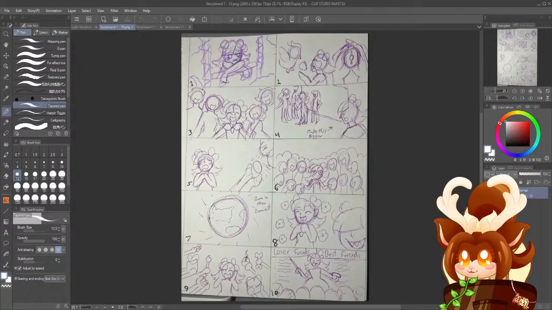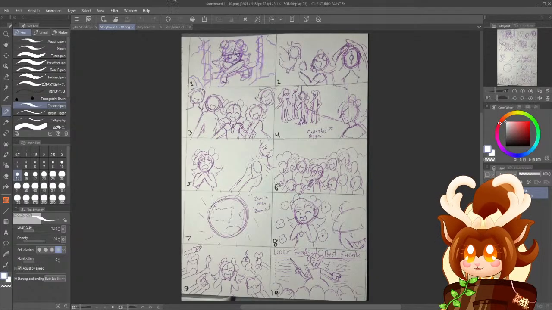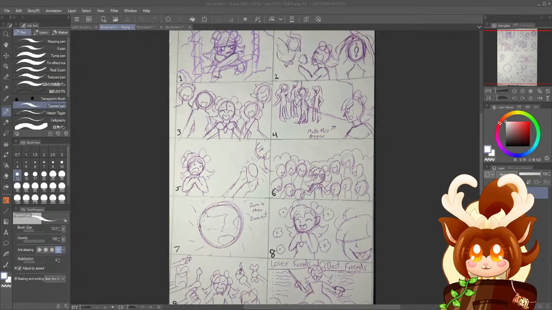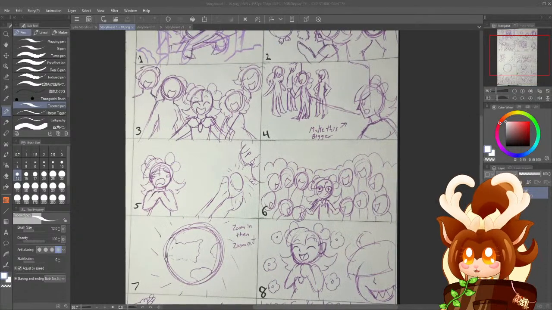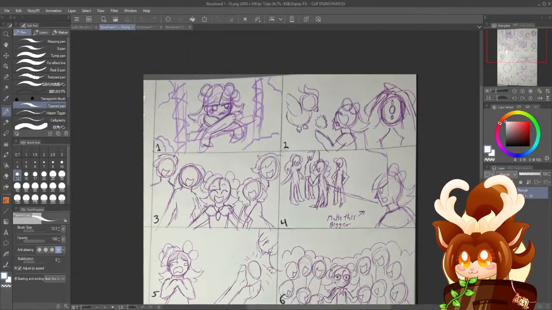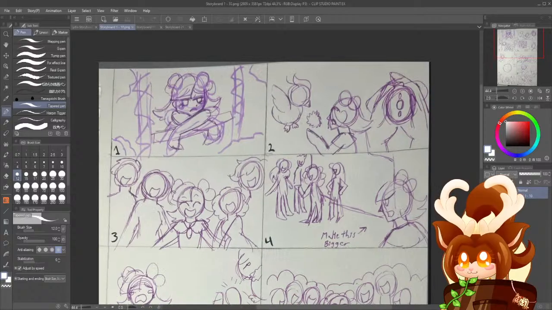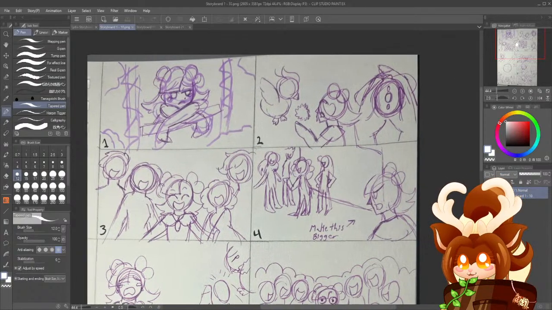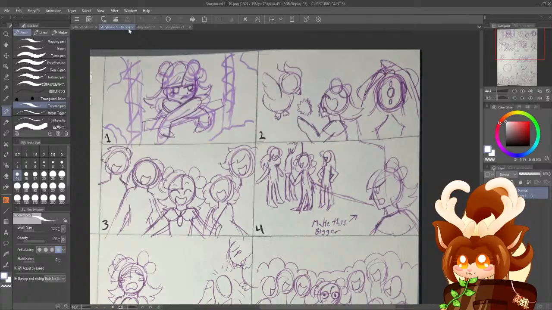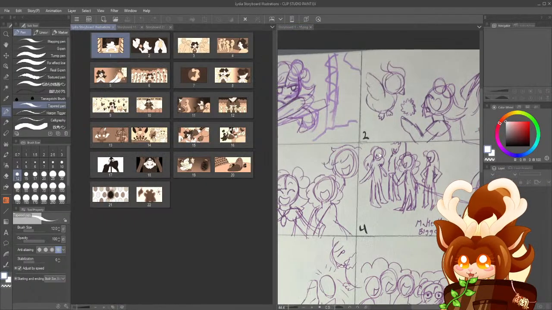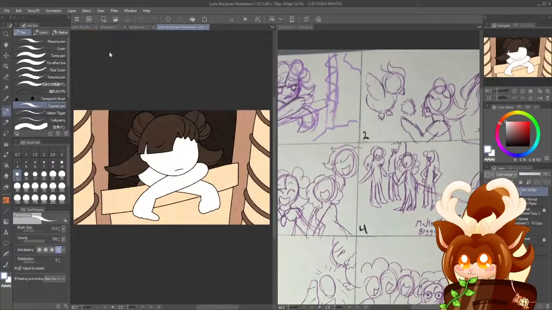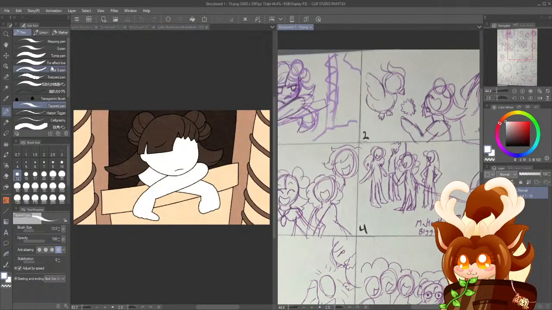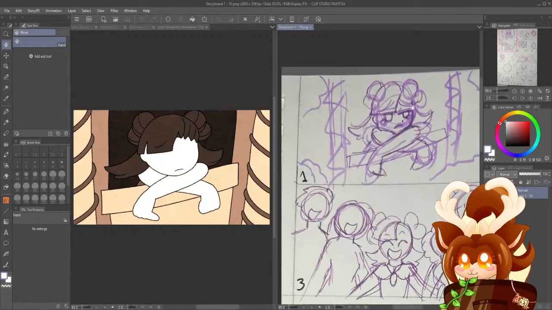So this was the original storyboard for what I did with the lore video. This is all the storyboard ideas. You can kind of see where they connect. I'll even do this just to give you guys the side by side. So for example, this one, you can see where I got the inspiration.